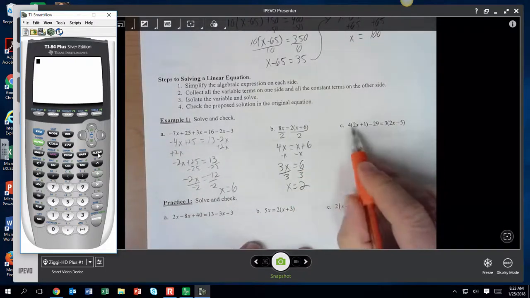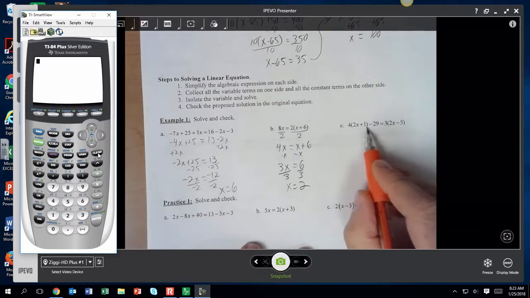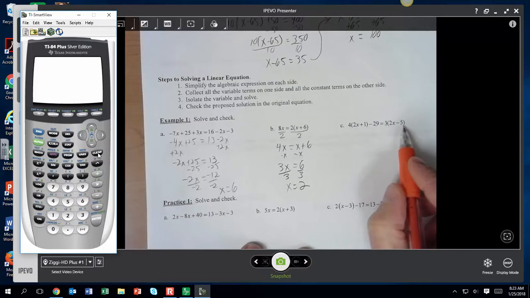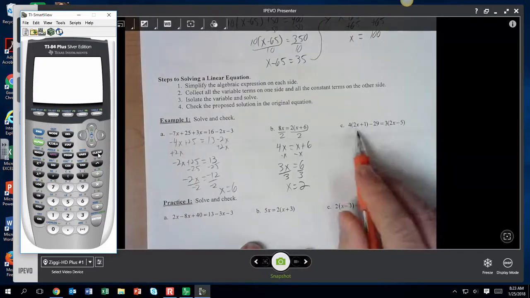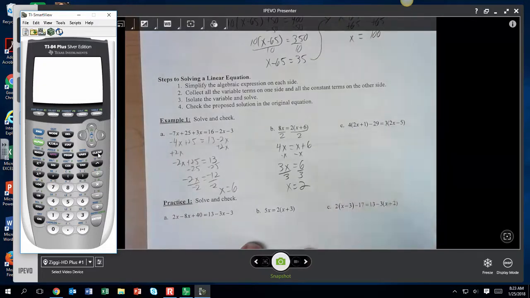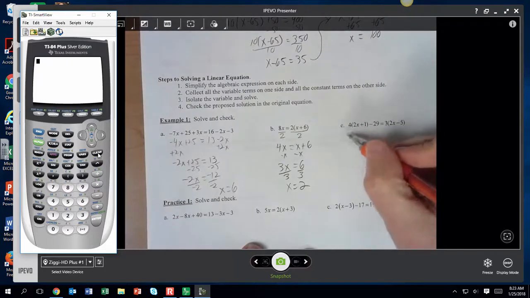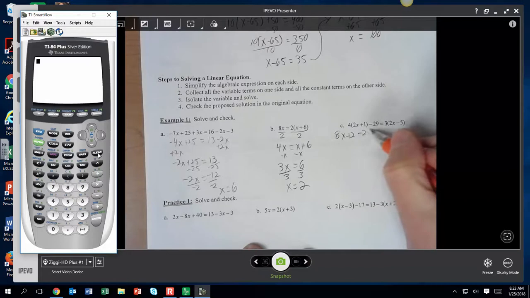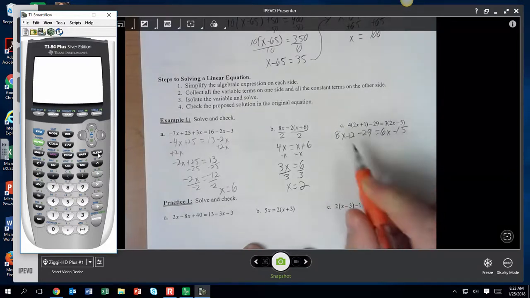Here I've got 4 times the quantity 2x plus 1 minus 29 equals 3 times the quantity 2x minus 5. There really isn't an advantage to trying to divide through at this point. It would just get ugly. So I'm going to go ahead and distribute. That's going to be 8x plus 4 minus 29 equals 6x minus 15.